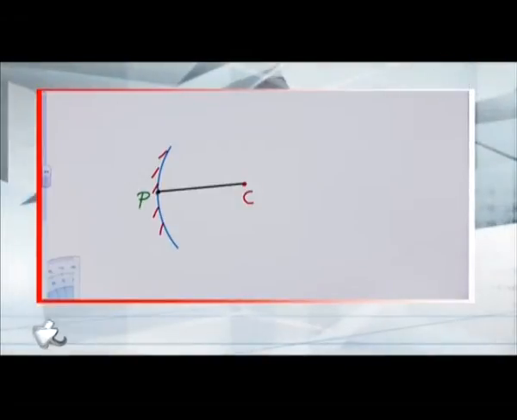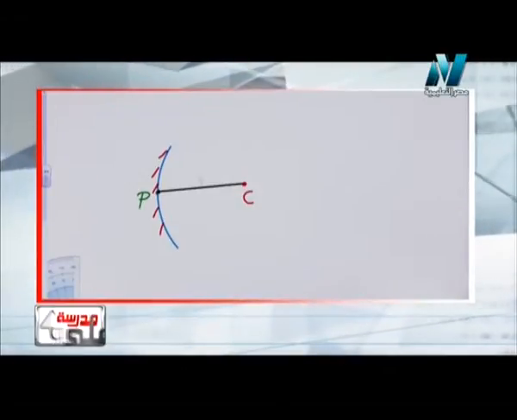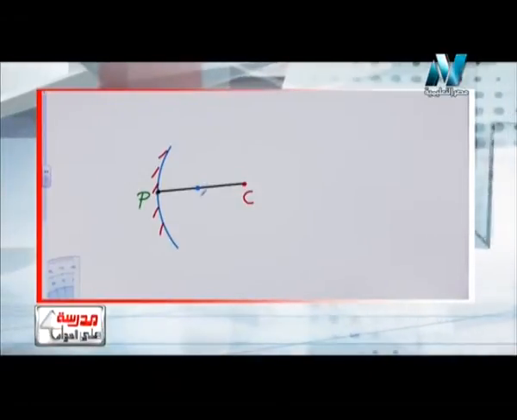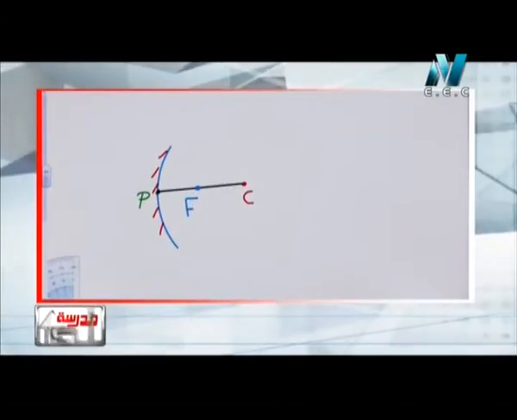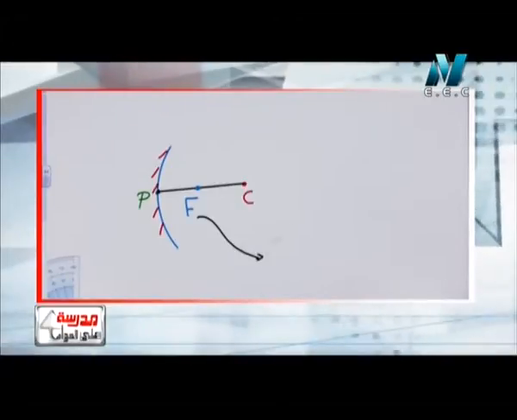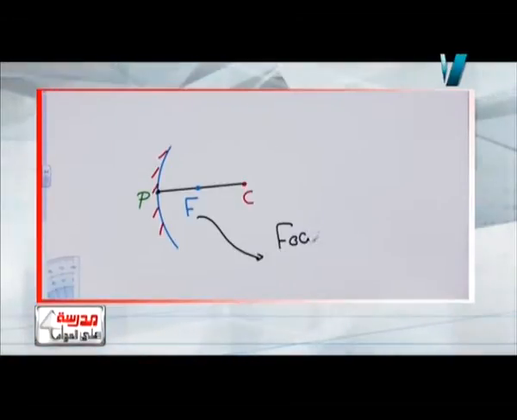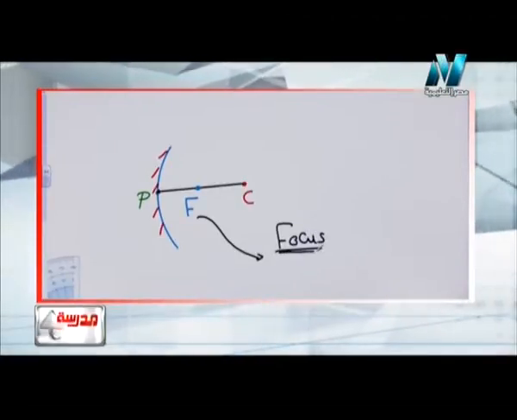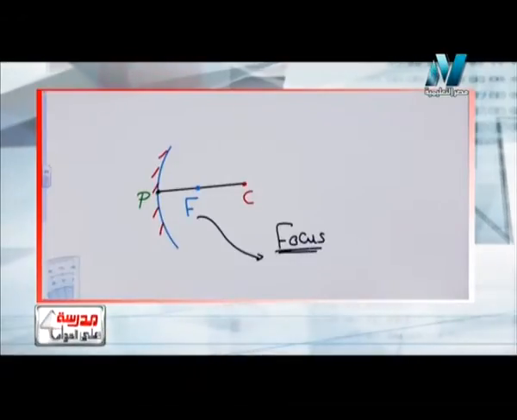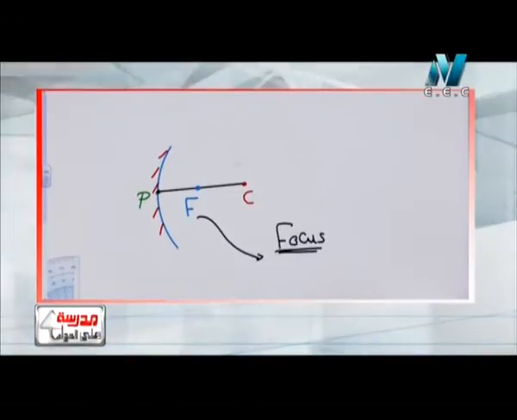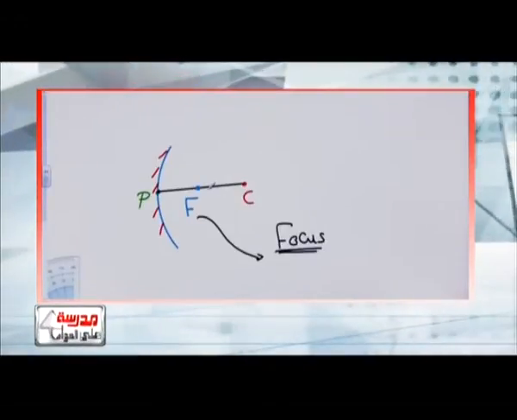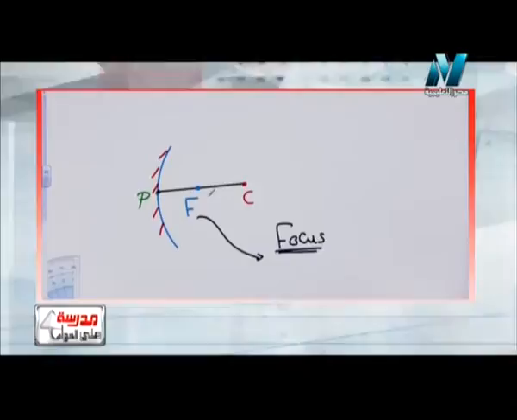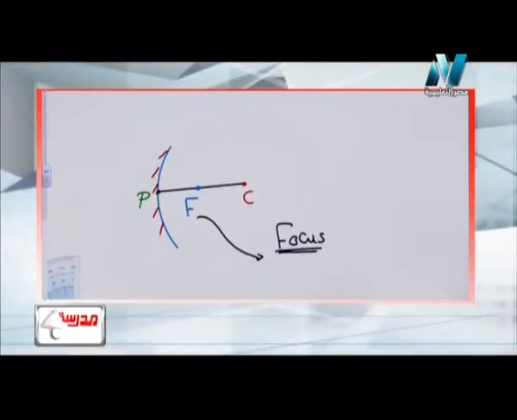So between them we have another point. As we will know now, this point is called F, capital F. Why? Because this point is called the focus. It's called the focus of the mirror. What is meant by focus? Focus is the point... as we see, we just describe what we see, we don't memorize. So focus means what?